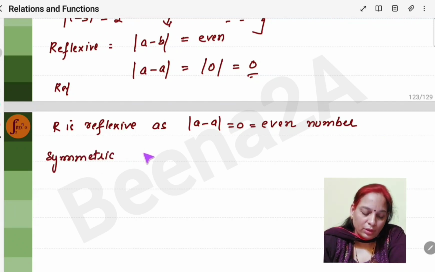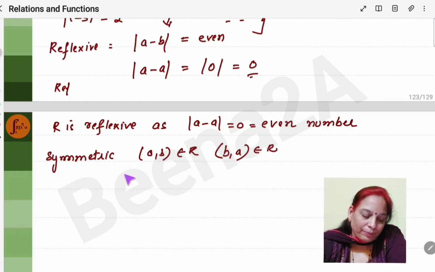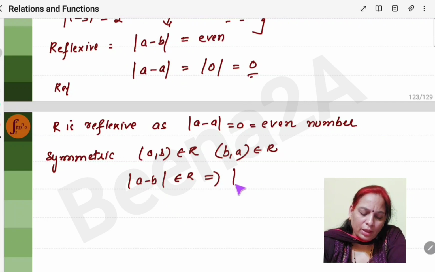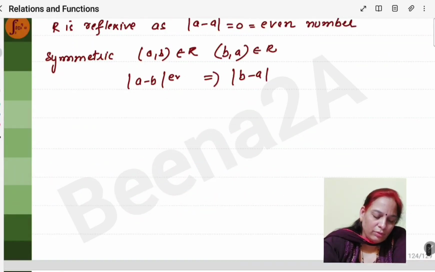Now we'll check if it is symmetric. If A comma B belongs to R, then B comma A should belong to R. Now what is the relation here? Mod of A minus B. If mod of A minus B belongs to R, can I say mod of B minus A also belongs to R? Basically, it should be an even number.